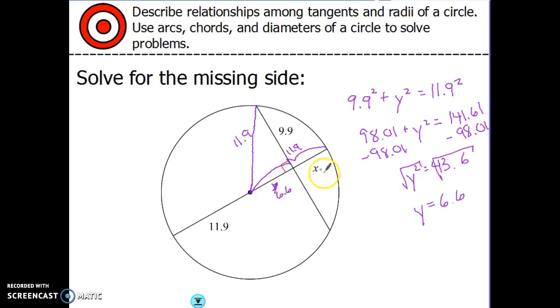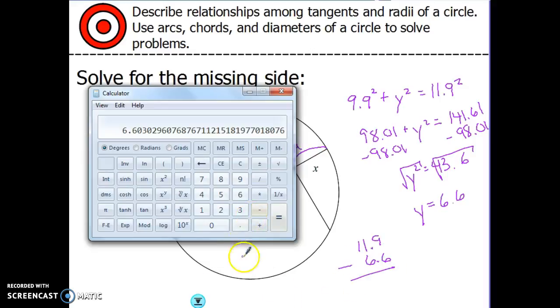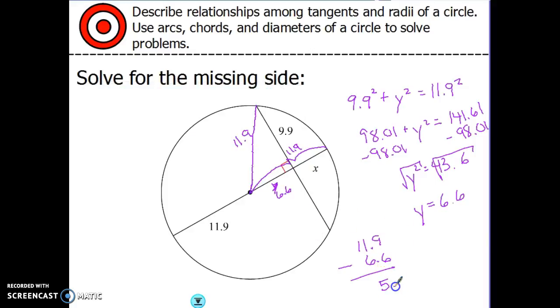So to find that little bit x, I'll just do 11.9 minus 6.6, and that should give us the length of x. 11.9 minus 6.6, there it is, 5.3. And that is the length of x.